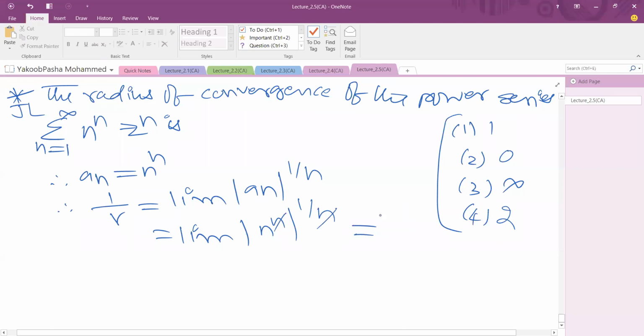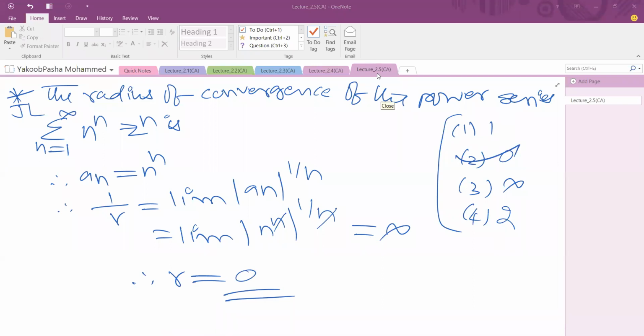As n tends to infinity, this also tends to infinity. So 1 by r is equal to infinity. Therefore, the radius of convergence r is equal to the reciprocal of infinity, which is 0. So option 2 is the right option.